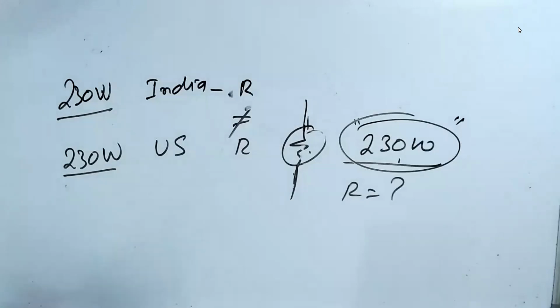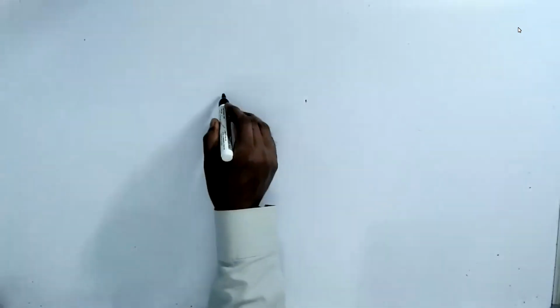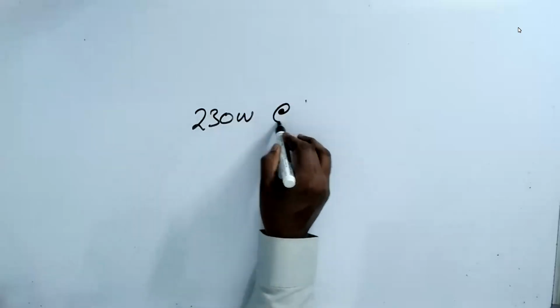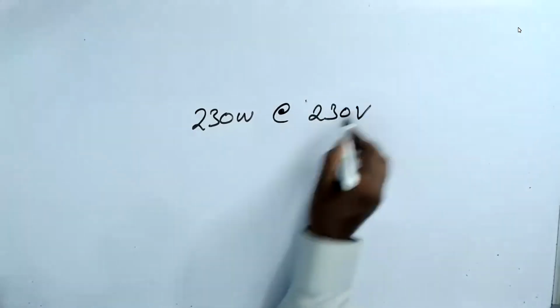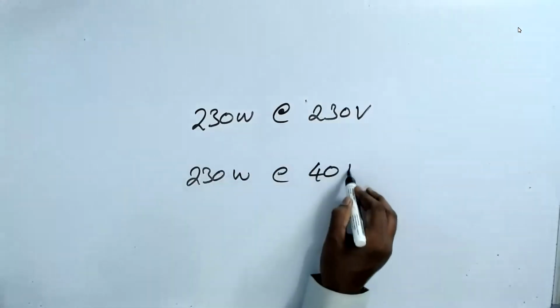Always they give you two numbers; they always forget about these things. Any device you take, they have to give you two pieces of information. One is 230 watts at 230 volts. Another, 230 watts at 460 volts.